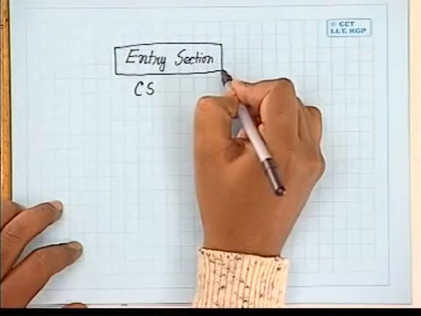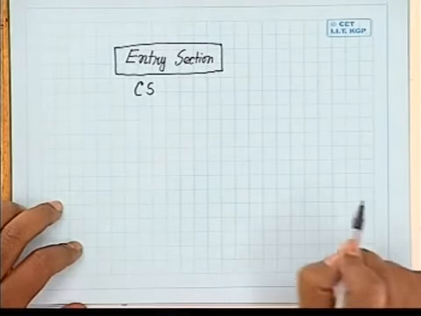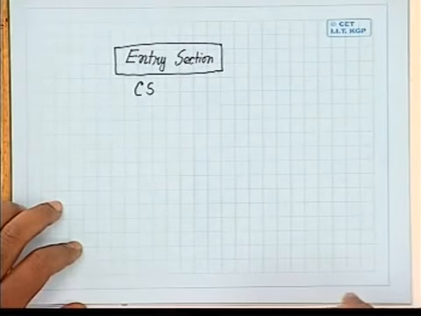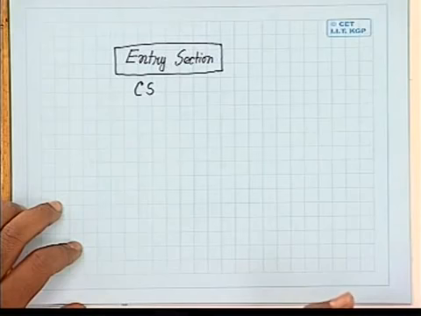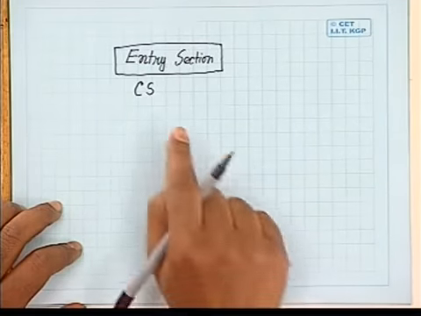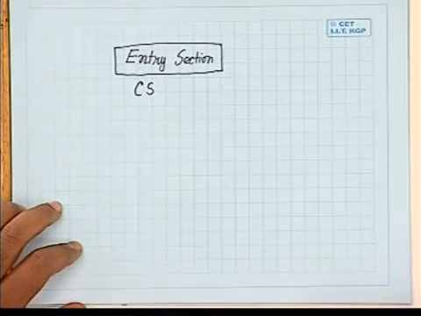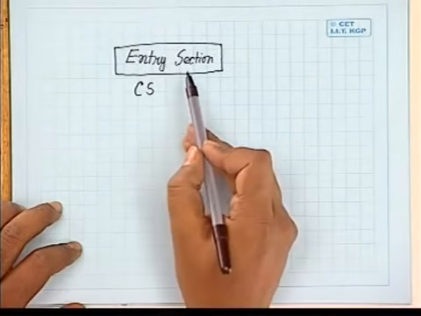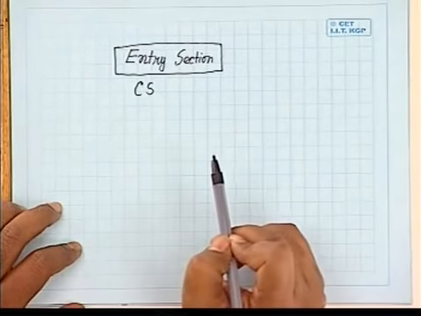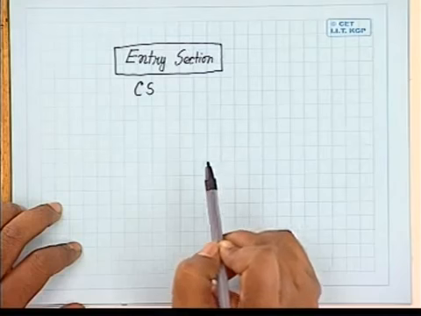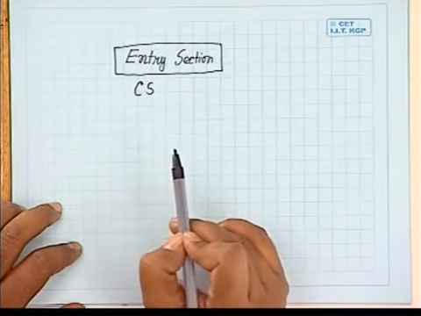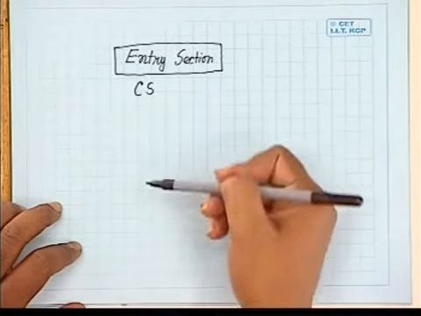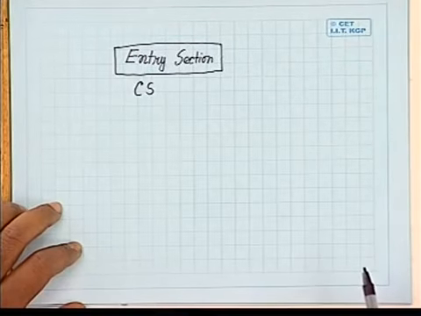So in the entry section, the process will put a request that it wants to enter the critical section. Then a part of the code will decide whether this process can enter the critical section or not, depending upon whether any other process is there in the critical section. Now, if the process is allowed to enter the critical section, then we must have some locking mechanism. That is, this critical section has to be locked, and it will be unlocked when the process comes out of the critical section.